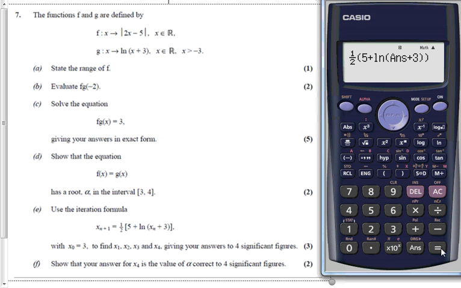So my first iteration, x1, is therefore equal to 3.40.